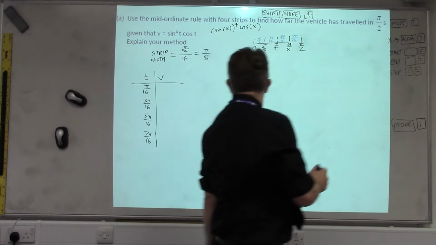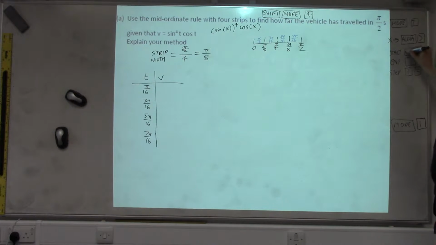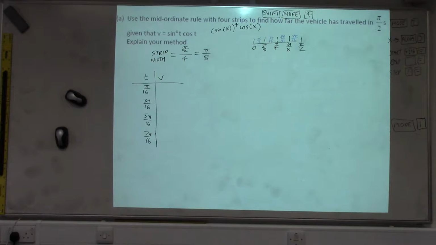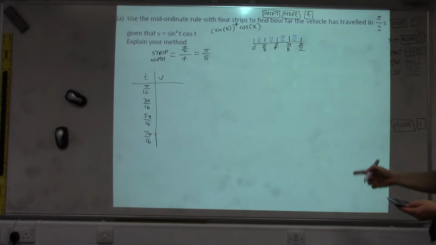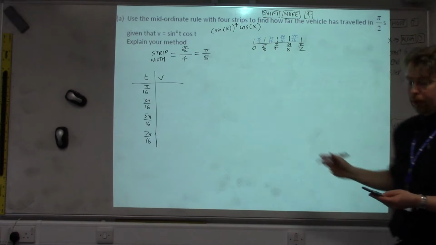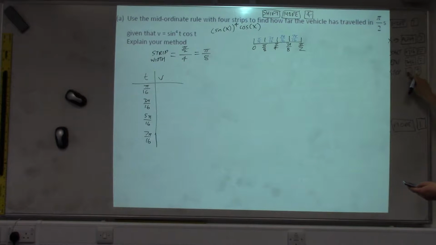Pi over 16, so put that in the calculator as pi divided by 16. Where's it ending? 7 pi over 16, so put that in as 7 pi divided by 16. And the step is pi over 8, because that's the strip width, so pi divided by 8.